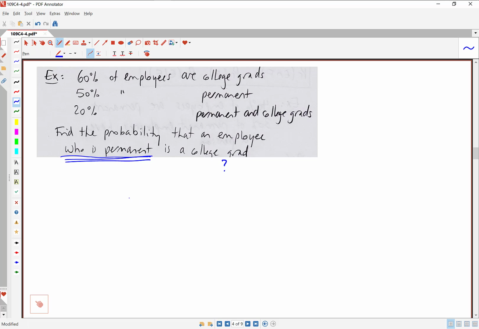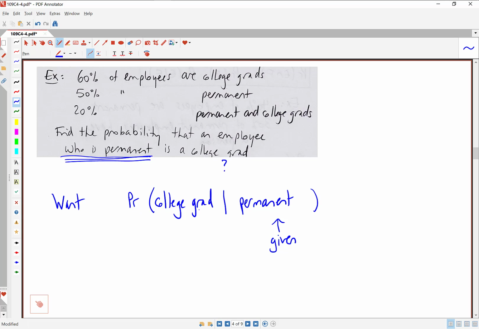When we write down conditional probabilities, we write the given or known information at the back. So what we know for sure about the employee is that they're permanent. What we're wondering about is the likelihood that they are a college grad. So what we want is the probability that an employee is a college grad given that they are permanent.